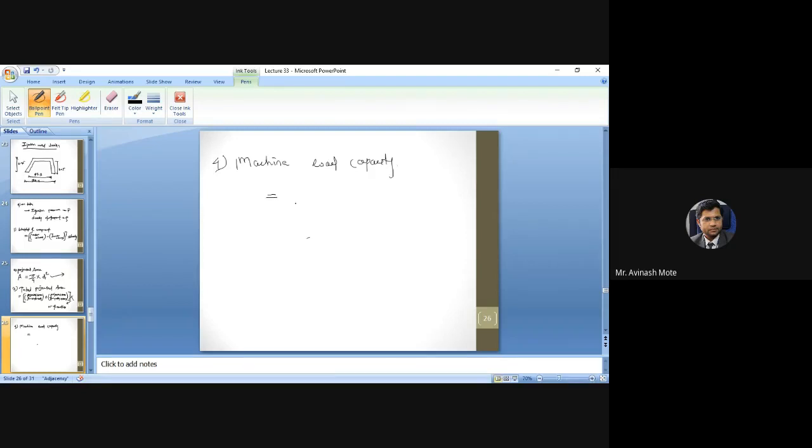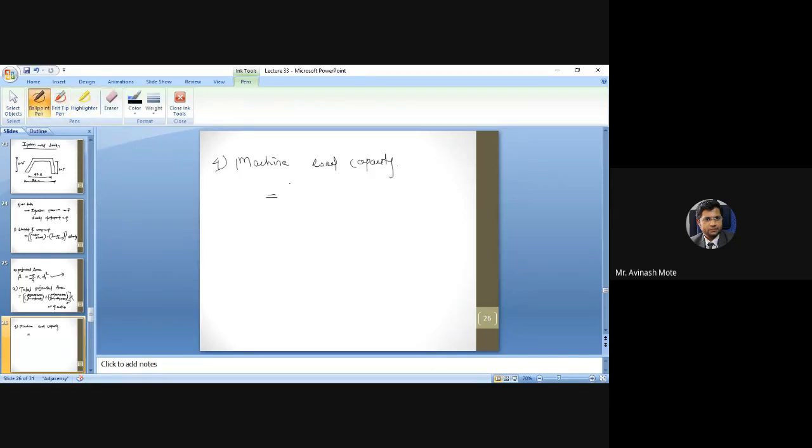We know the injection pressure, with which pressure the material is forced, and this injection pressure acts on the projected area. This concept is similar to what we discussed in compression molding, where pressure was acting on the projected area. Here also injection pressure will act on the projected area, but the only thing is that here we have to consider the total projected area.